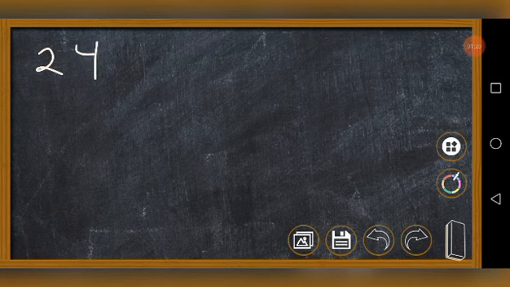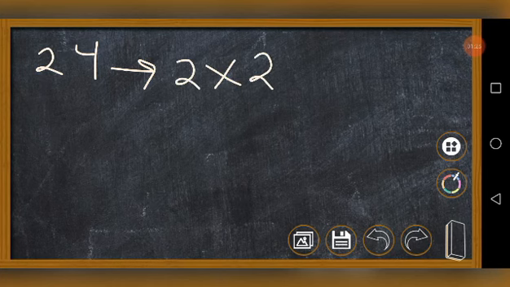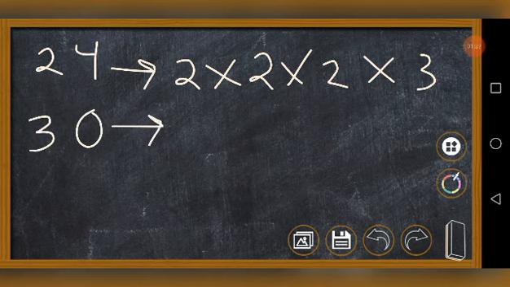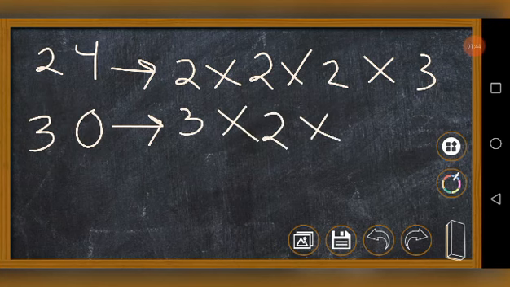Now list the prime factors for each number. 24 is 2 times 2 times 2 times 3. And for 30, the prime factors from the factorization are 3 times 2 times 5. And look only for the repeating numbers or the common factors between them.